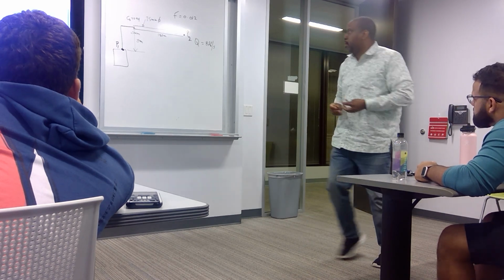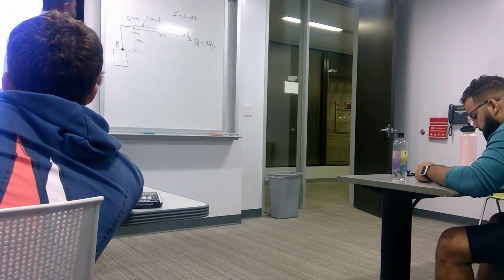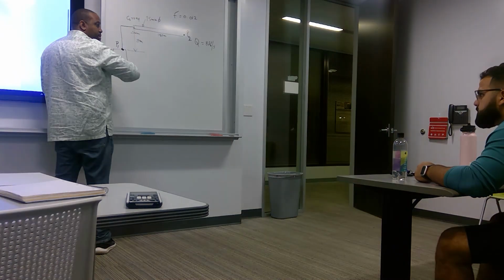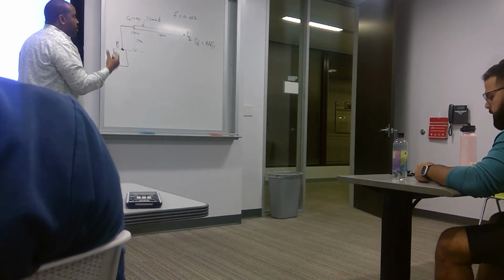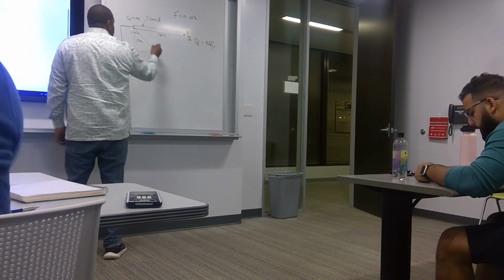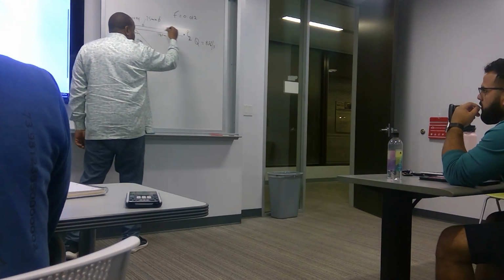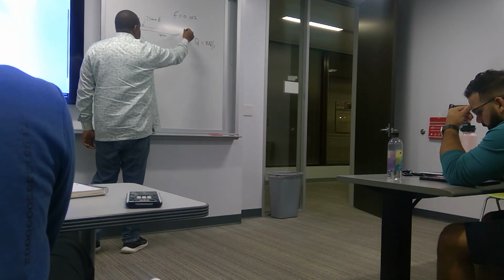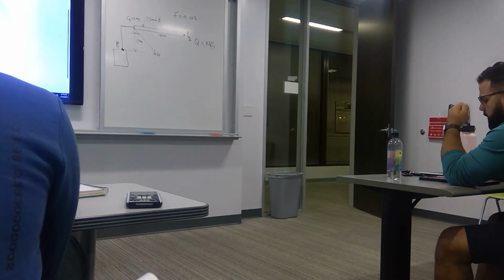So we're going to have a loss here, because we're going from 25 millimeter to 75 millimeter. We have a loss in the pipe, a shock loss as well as a frictional loss.